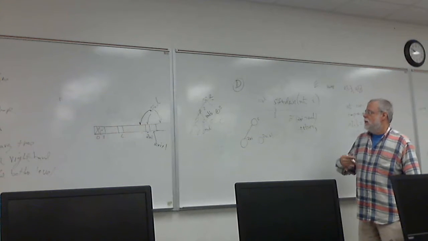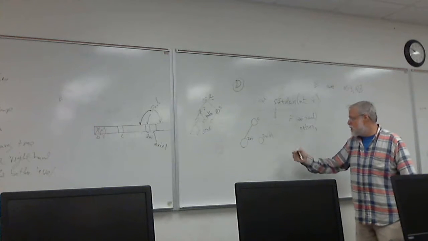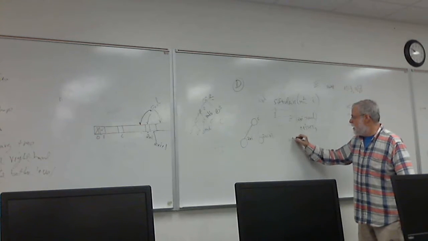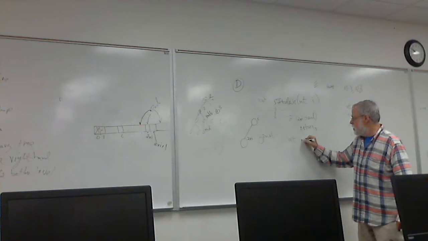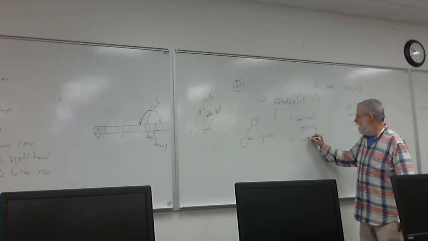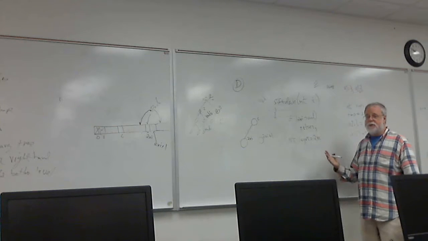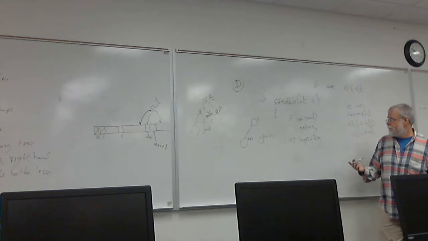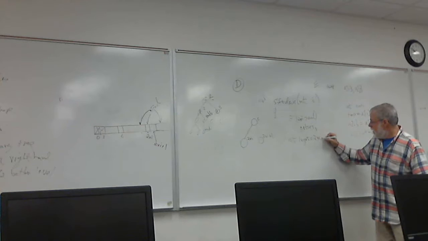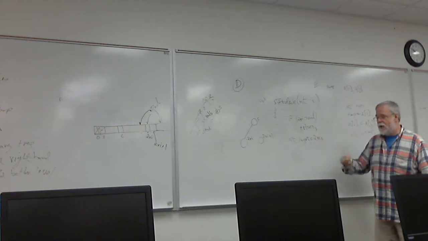And to begin with, I want to know which child is largest. So I'm going to say int largest equals 2 times I. At this point, it's the only child I've seen, so we'll say 2 times I is largest.